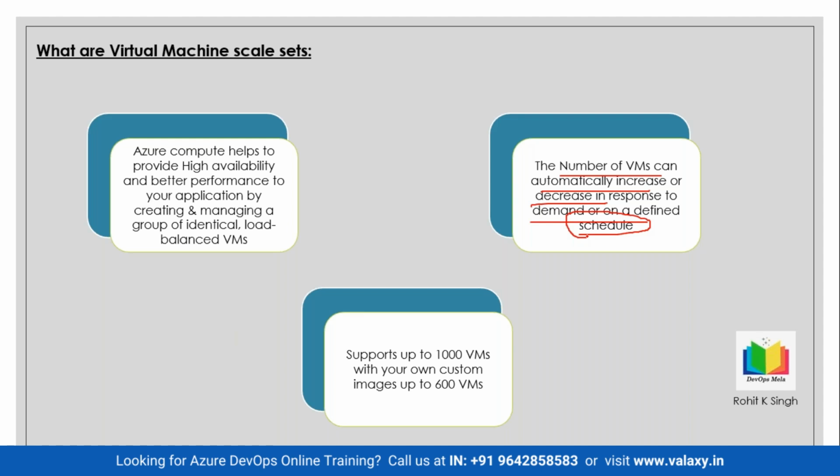The virtual machine scale set will automatically go and add more VMs to your existing scale set, and it will take care of the load. Once the spike is gone, it will automatically delete that VM from your stack. This is what will be done automatically.